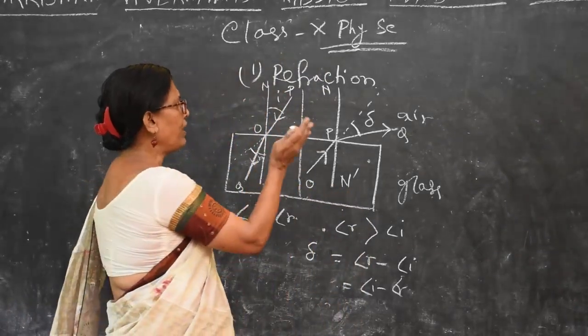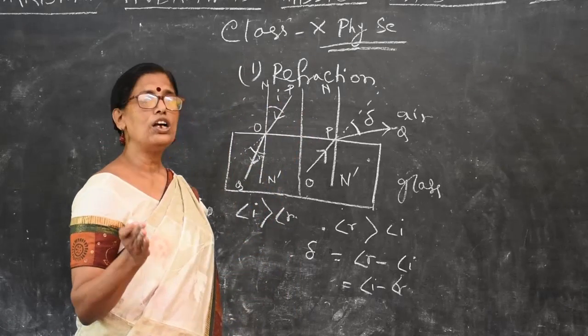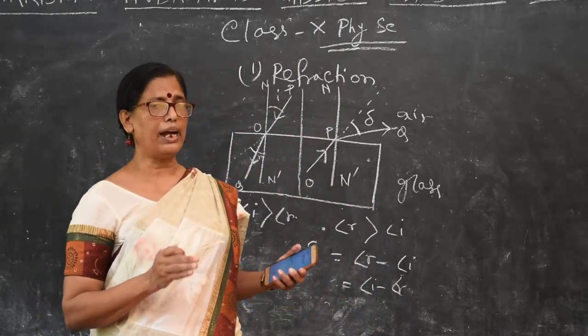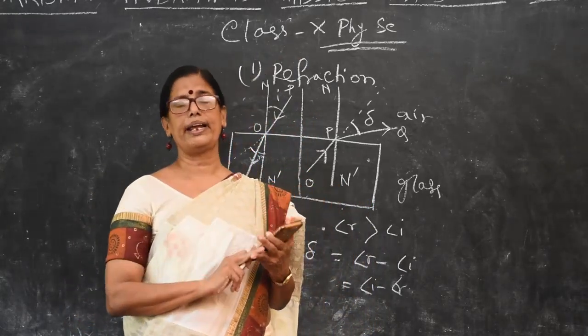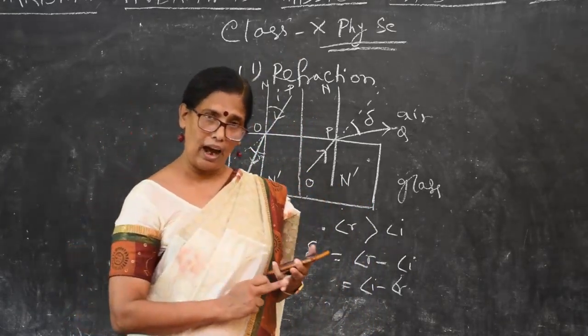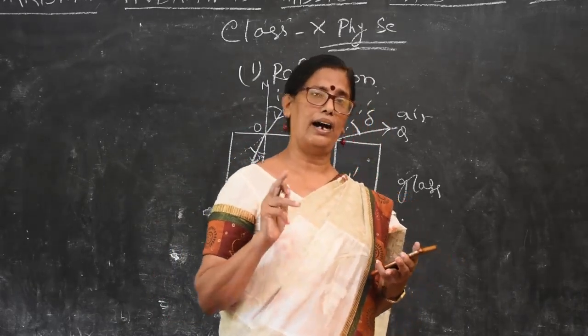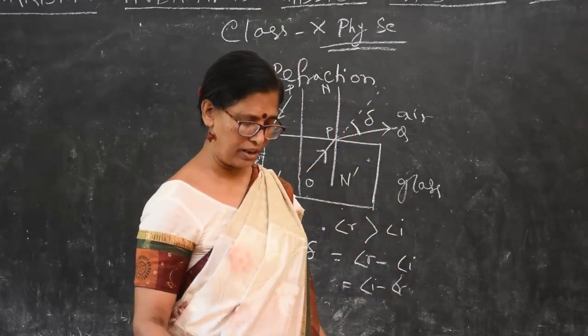This deviation is measured with angle, so it is called angular deviation. So in refraction, one is angle I, one is angle R, and one is delta. Delta is our angular deviation for the refraction.